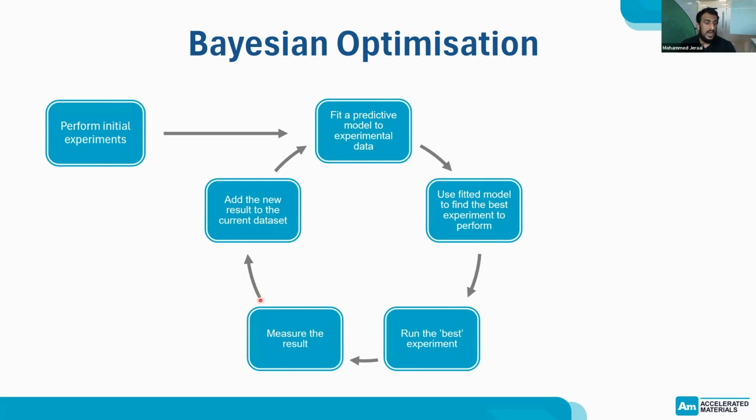In addition to that, we will characterize it, measure the yield, measure the particle size, and once we have that information, we'll feed it back into the data set and fit a new model with this updated information. So from this, the system knows what worked, what didn't work, did it improve the yield, did it not? It can use that information to then go through the cycle again. And this cycle just continues until iteratively you've optimized all of your objectives.